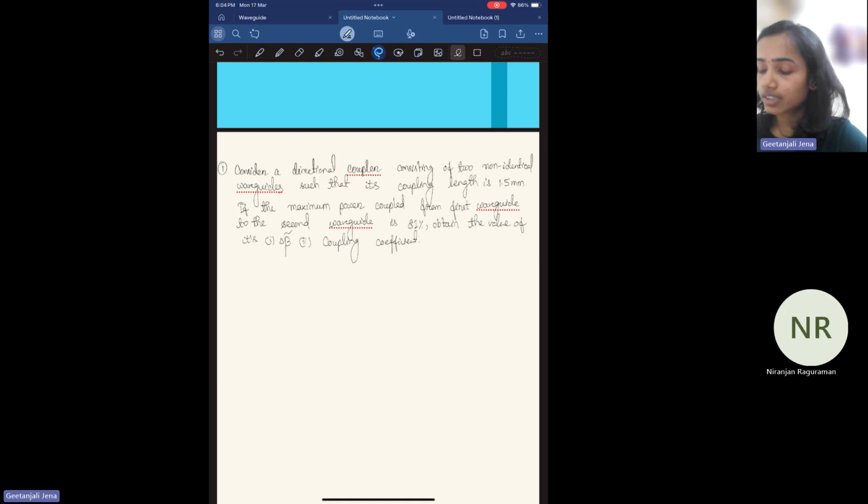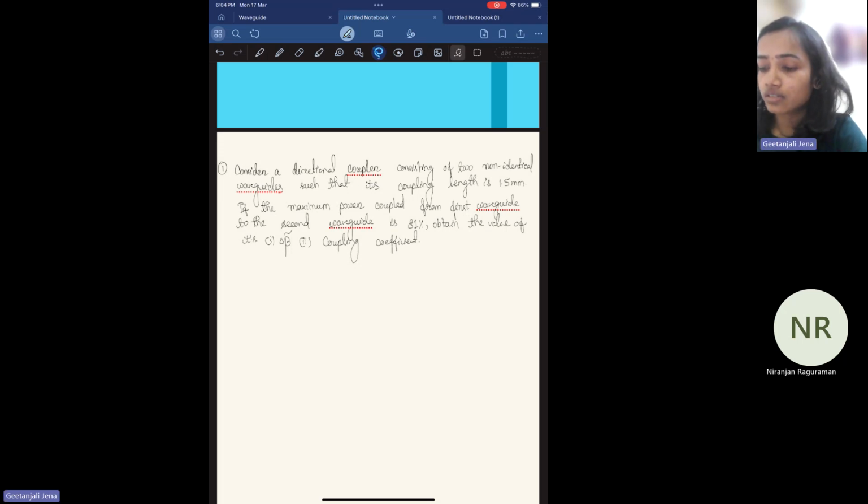If you recall, directional couplers are typically made up of two identical or non-identical waveguides, which can couple with each other to make the modes propagating in the individual waveguides interact.